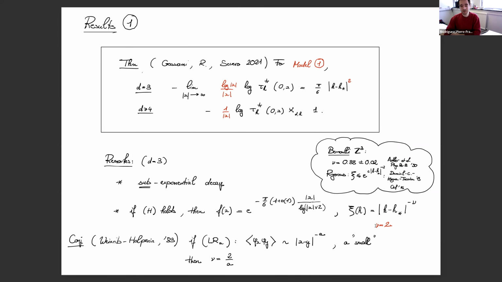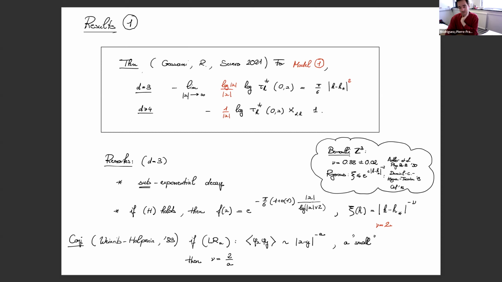Maybe before I do that, this is maybe important. I told you, in dimension 3, for instance, studying Bernoulli percolation is a hard problem, and progress is slow. So when you see a theorem like this, this is very good news, because this already goes way beyond what we can do for Bernoulli.